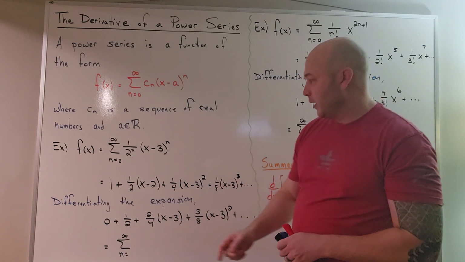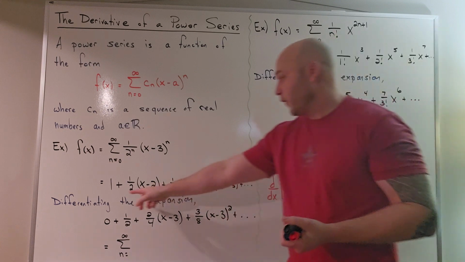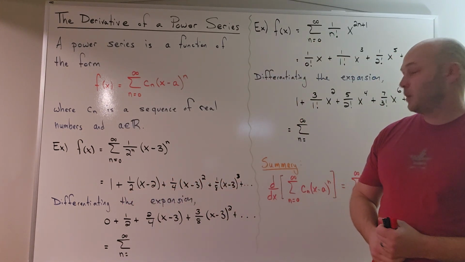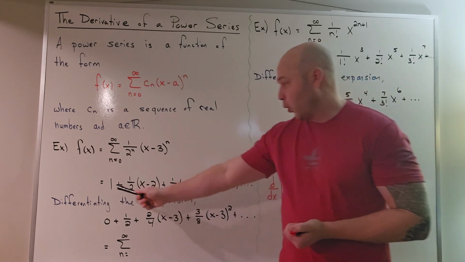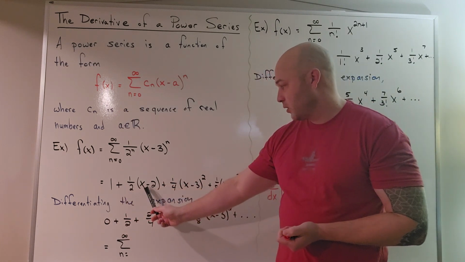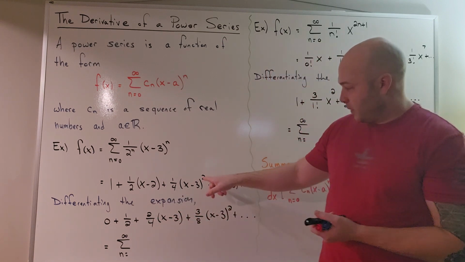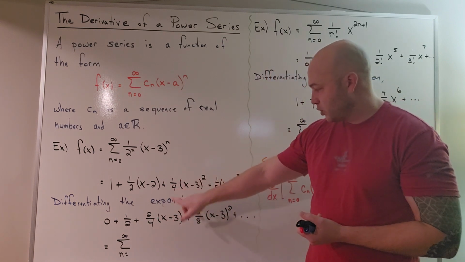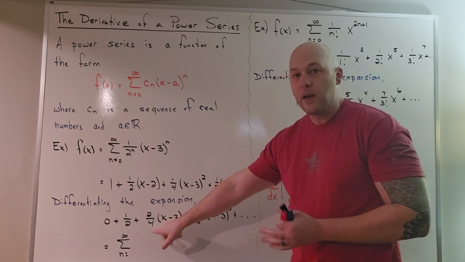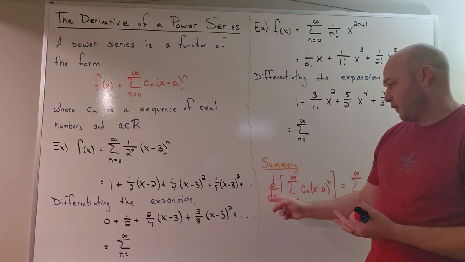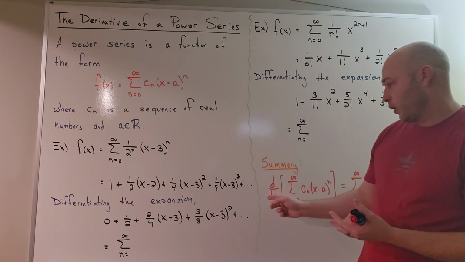Now, let's differentiate this expansion. All we need is the power rule. If I differentiate 1, of course I get 0. Differentiate this one right here, I'm going to get a half. Differentiate this next term, power rule, 2 comes down, so it's 2 quarters. It does reduce to a half, but I don't want to simplify, because simplifying is going to lose some information. This next one we would have 4 over 9.